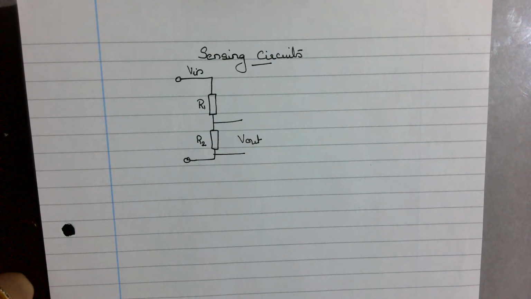So that is when we are going to use circuits where one of the components will not be fixed. There is something in that component that will change the resistance.